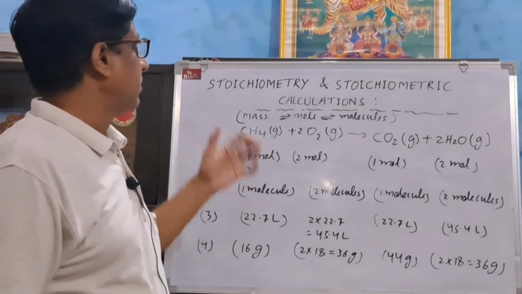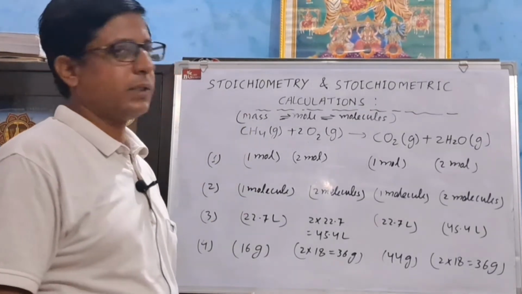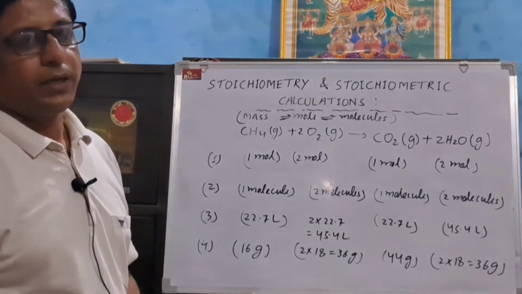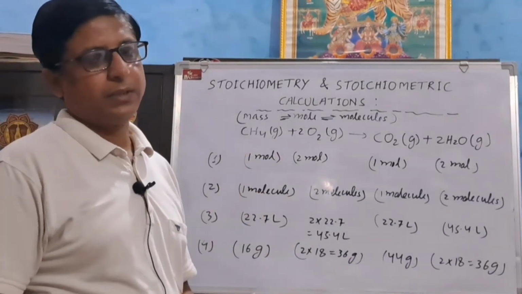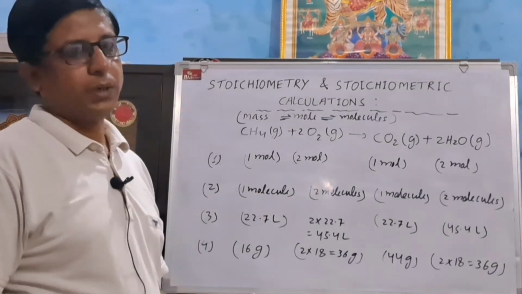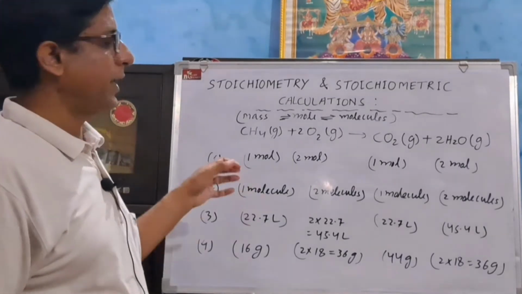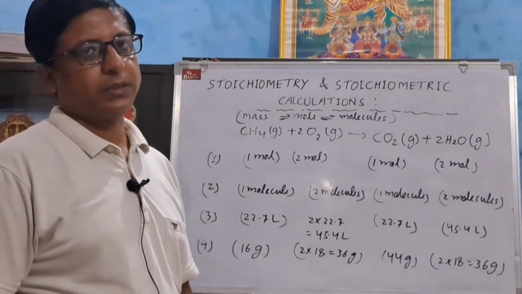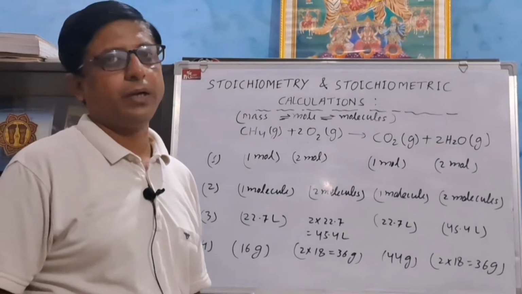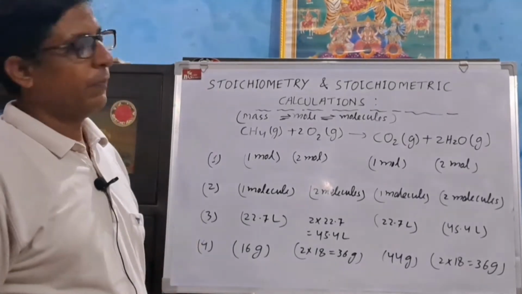So, I have discussed about stoichiometry and stoichiometric calculations. The stoichiometry deals with calculation of masses or volumes of reactants and products involved in a particular chemical reaction.